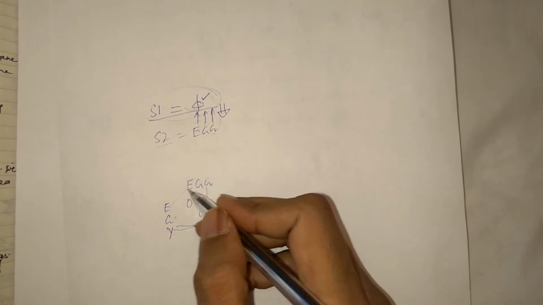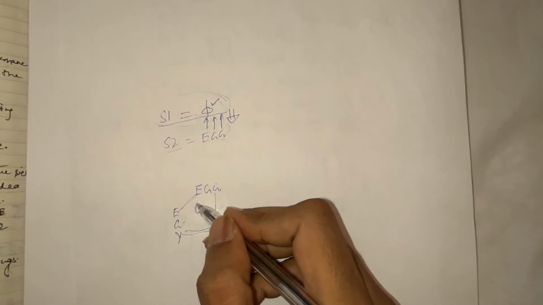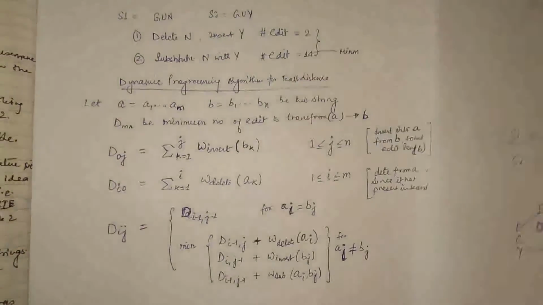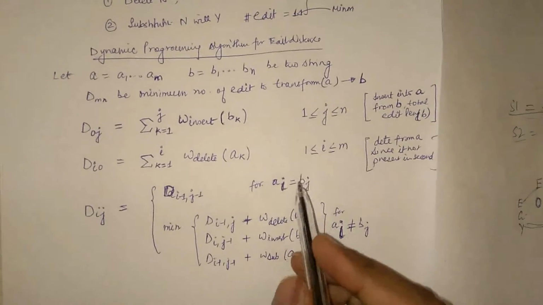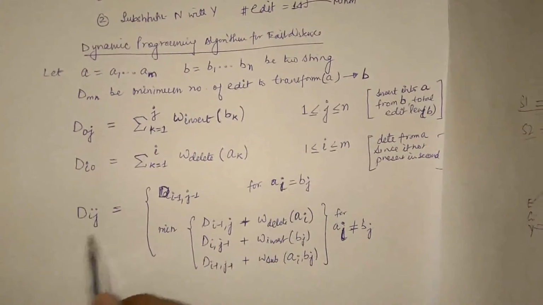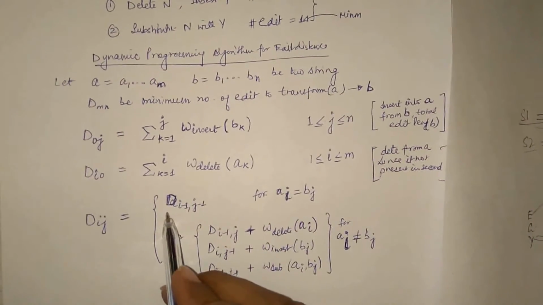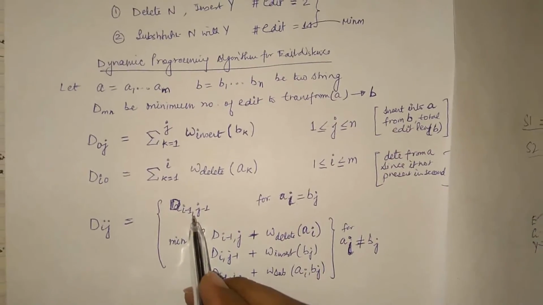So if you see, if these two match, the cost is 0. If these two match, the cost is 0. That's why, whatever cost we are going to calculate in this iteration, if these two are matching, we will just take the cost from the previous one, the previous number of edits, right?